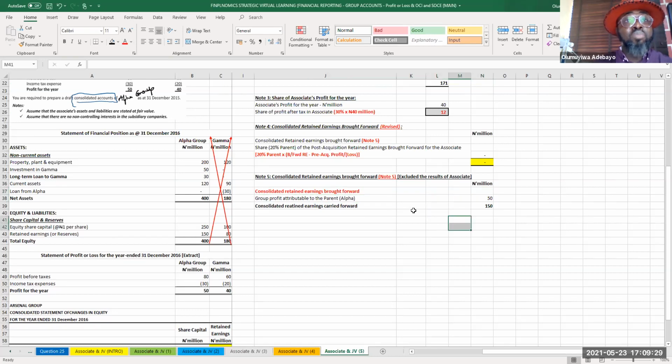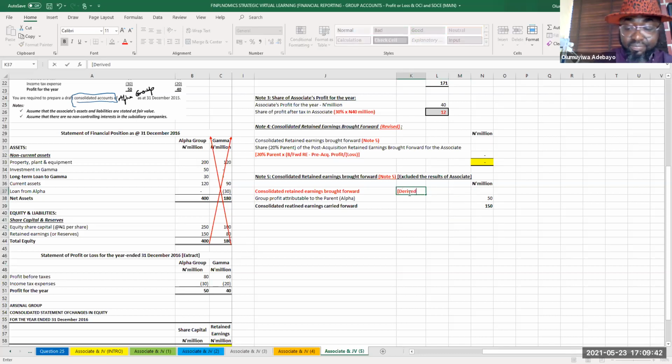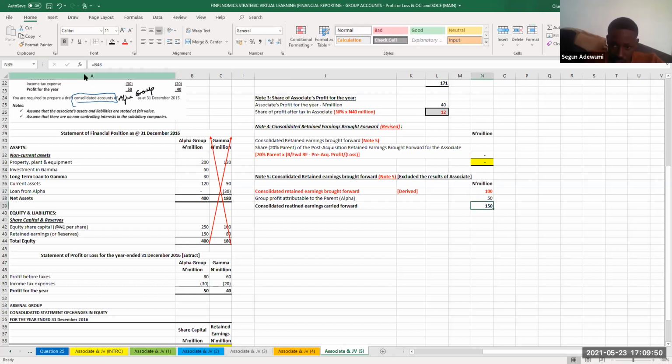What will have been our opening balance such that when we added our share of profit from the group perspective in the year gave us 150? Therefore, this is derived. And that means 150 minus 50 will give us what? 100.